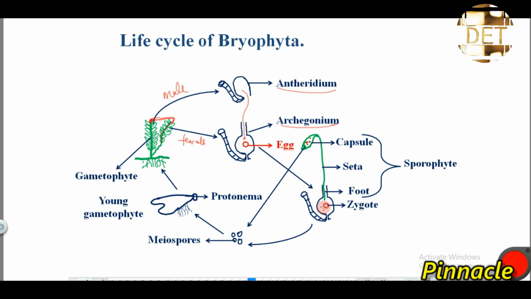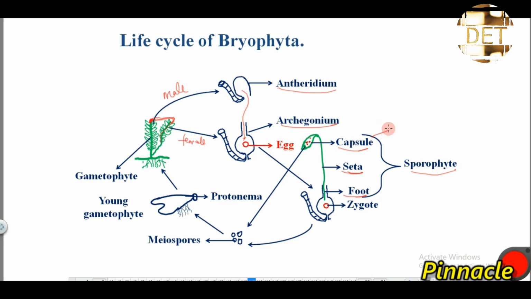The zygote then develops into the sporophyte plant. On getting to a suitable substratum, this zygote germinates into a sporophyte plant. The sporophyte consists of the foot, which is the part inside the archegonium, the seta, which acts as the stalk, and the capsule that contains the spores.